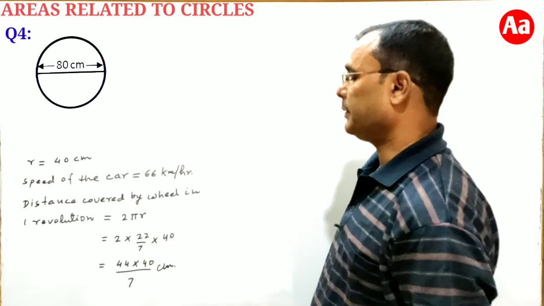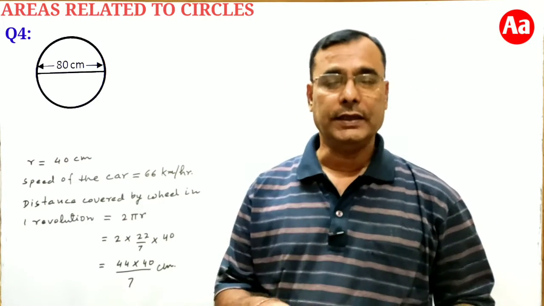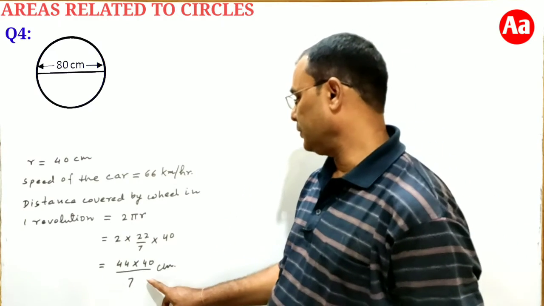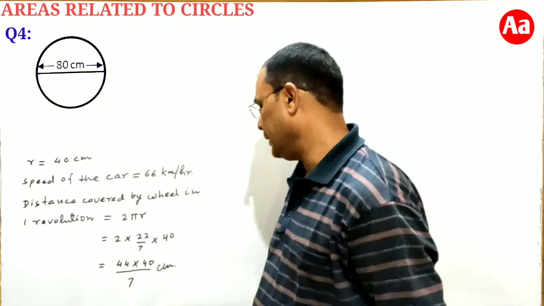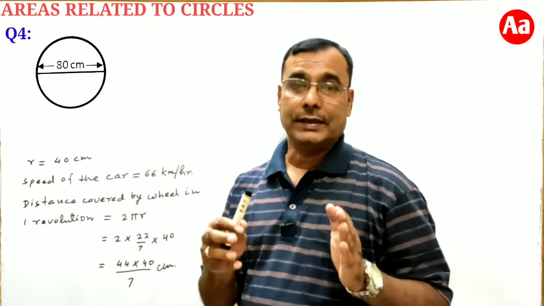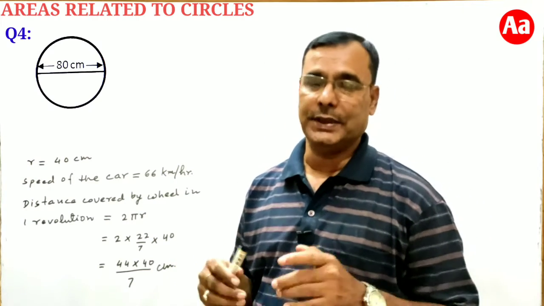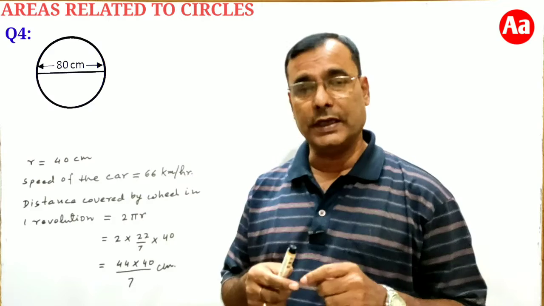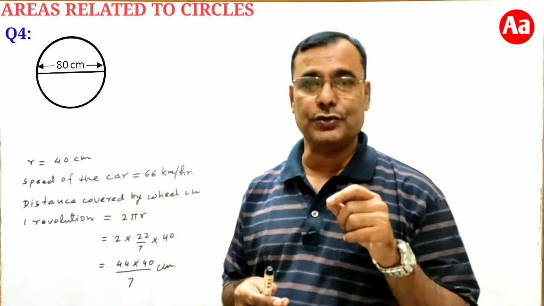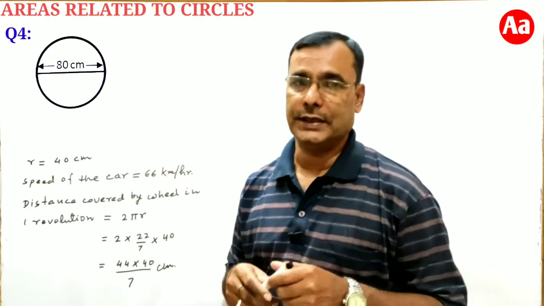So we have calculated distance covered by the wheel in one complete revolution, that is equal to 44 into 40 by 7 centimeter. Now we will calculate the car will travel how much distance in 10 minutes, because we are going to calculate number of complete revolutions that each wheel of the car will make in 10 minutes.